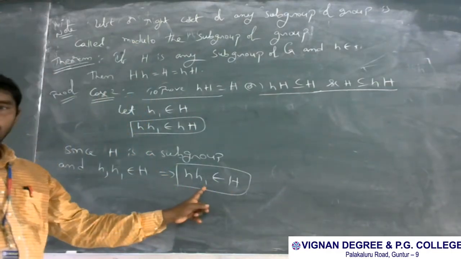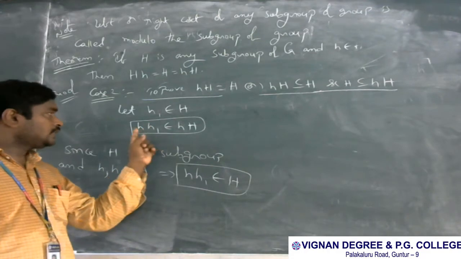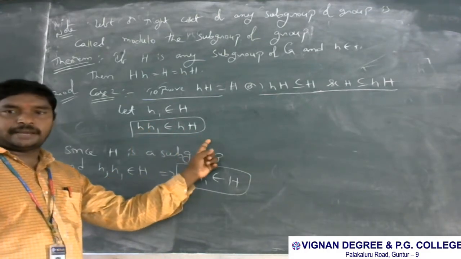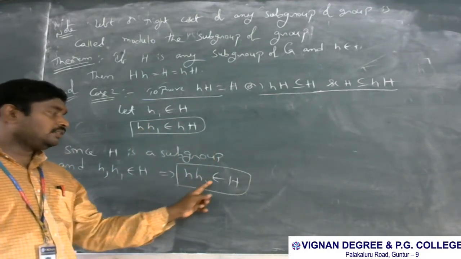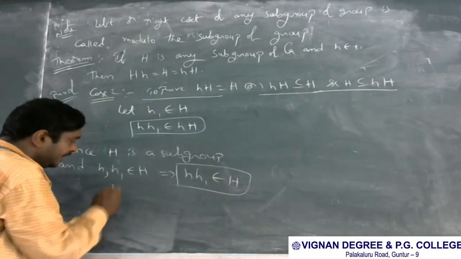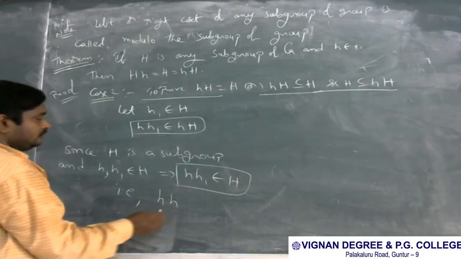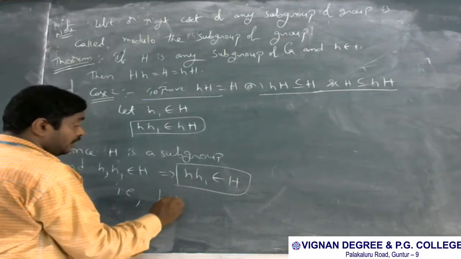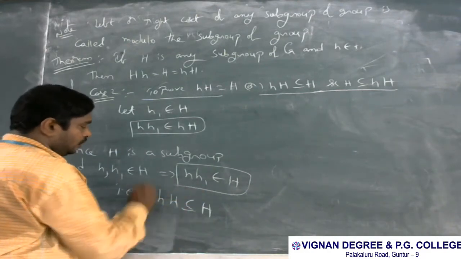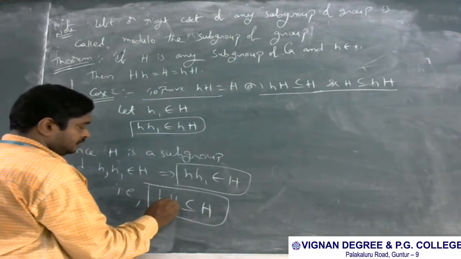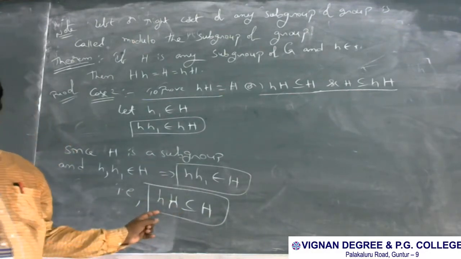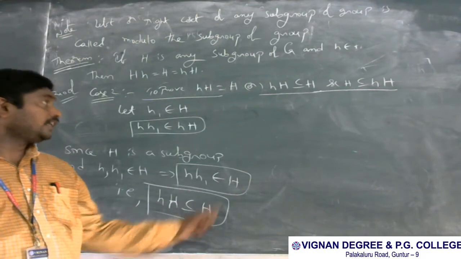So this is closure property. So here small h into h1 belongs to small h into capital H. Here small h into h1 belongs to capital H. That is by using these two steps, small h into capital H is a subset or equal to capital H. So small h into capital H is a subset or equal to capital H.